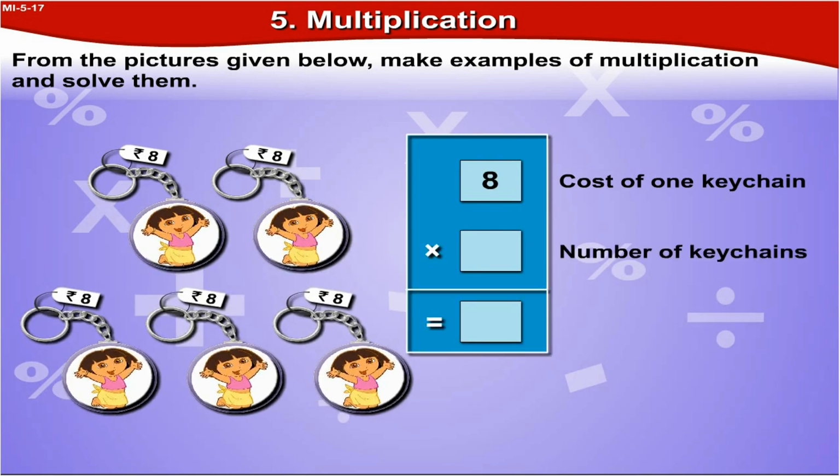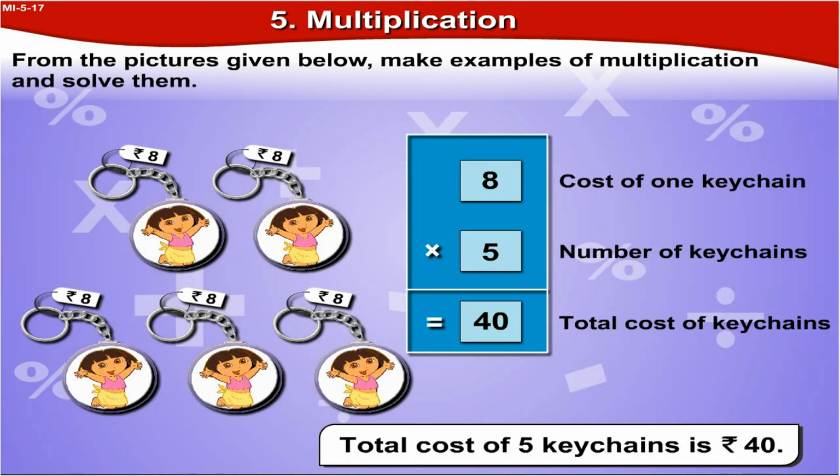Number of keychains is equal to 5. So it is 8 multiplied by 5, which is equal to 40. So the total cost of 5 keychains is rupees 40.